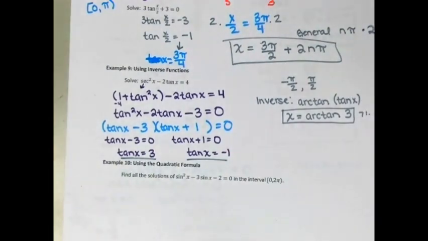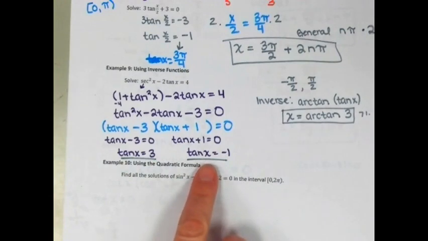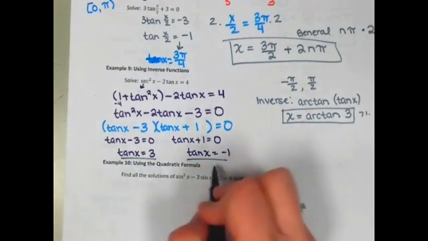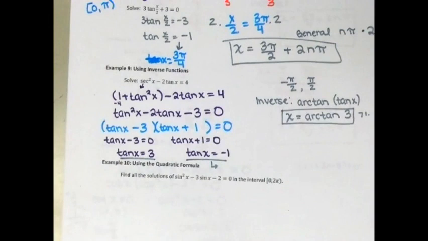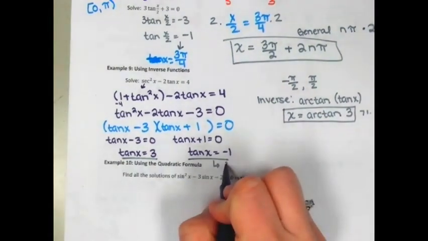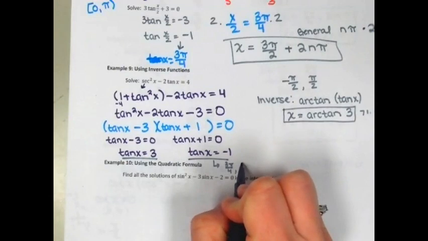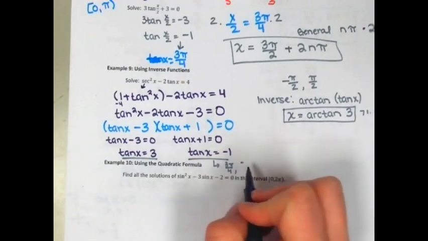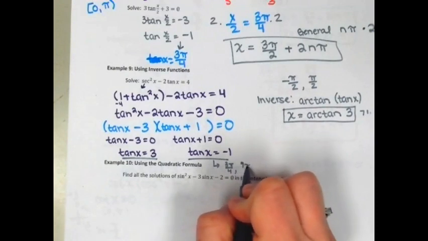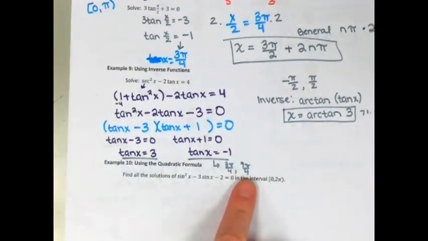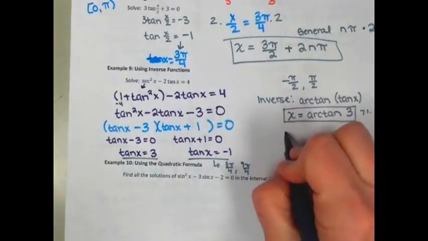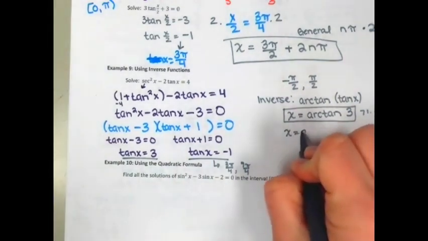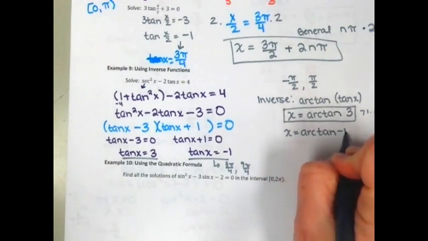Okay. Now, let's go ahead and do it with -1. We can do this, right? Now, normally we would look at -1 and we would say it was 3 pi over 4, or it was 7 pi over 4, sorry, 7 pi over 4. But when you look at these, that 7 pi over 4 is not between those two, is it? No. So go ahead and take the arctan of -1.